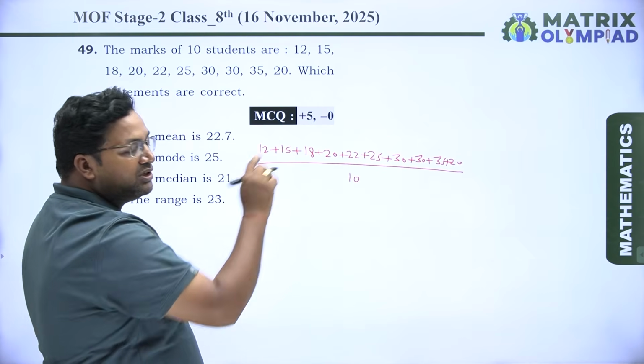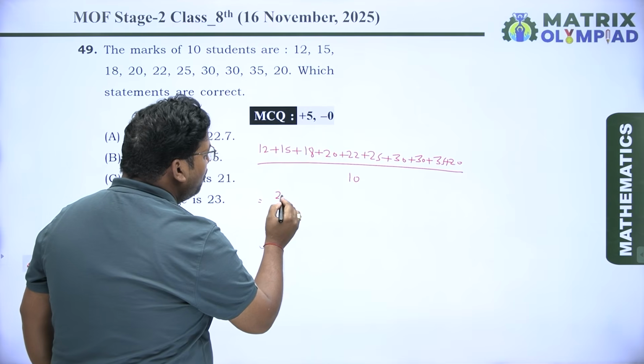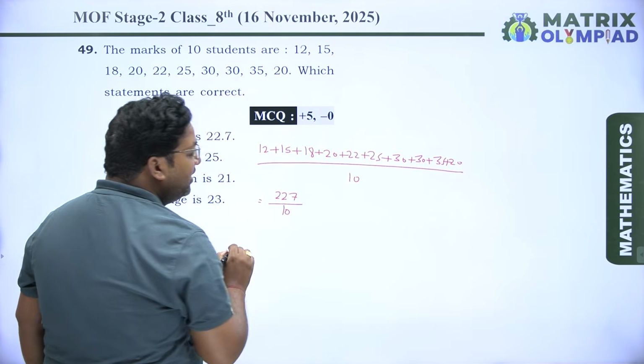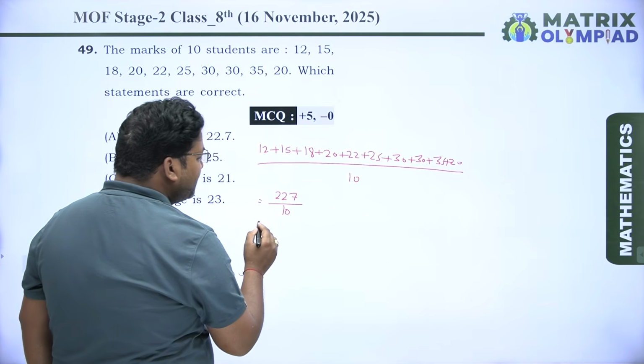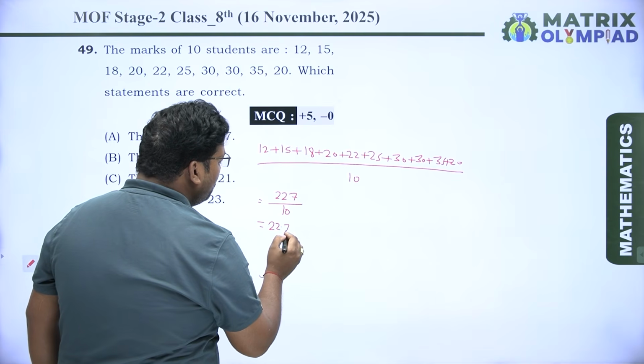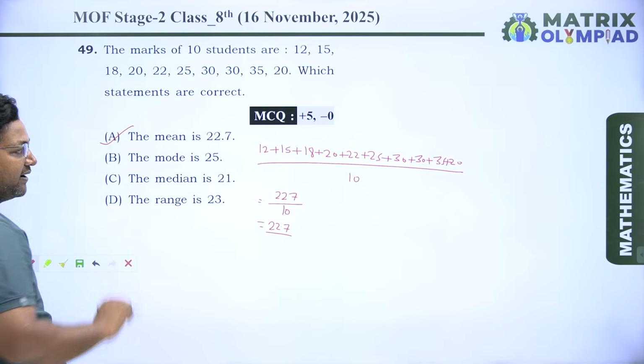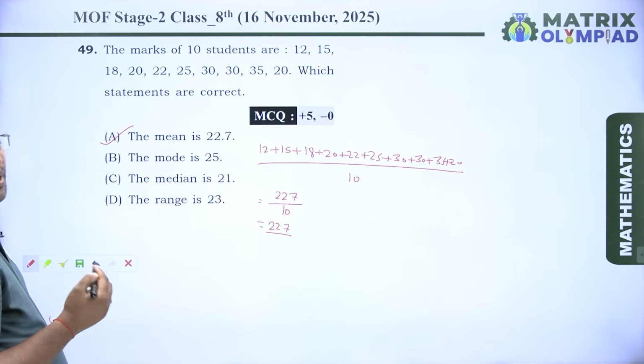When we add all the observations, we will get 227 and the total number of observations is 10. So the mean is 227 upon 10 which is equal to 22.7. It means the mean is 22.7. So it is correct.